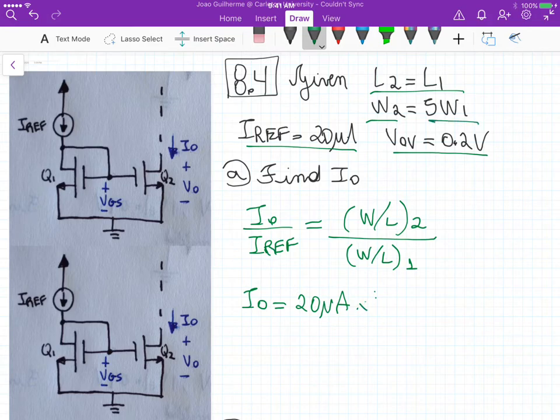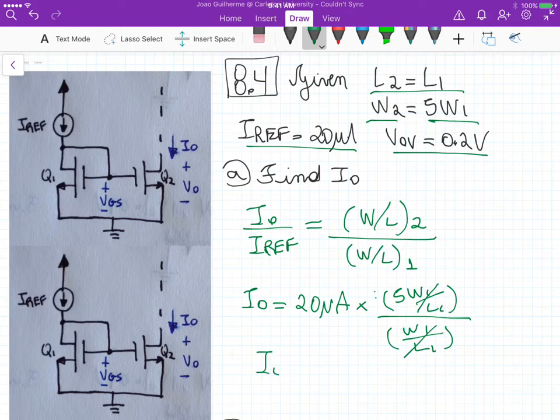So this is the same as times 5 W1 over L1, divided by W1 over L1. W1 and L1 cancel, and we have that the output current is 20 microamperes times 5, and that's 100 microamperes.